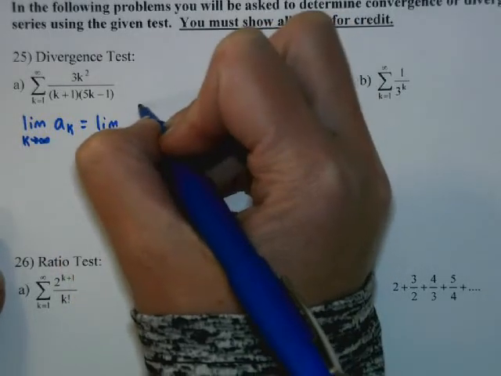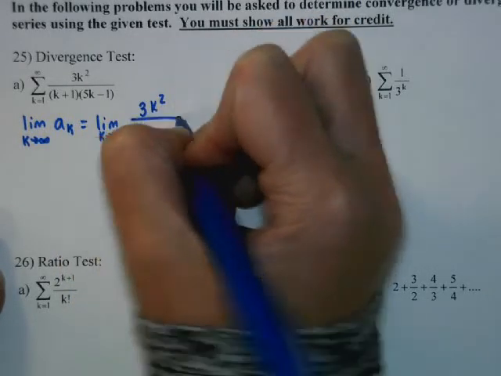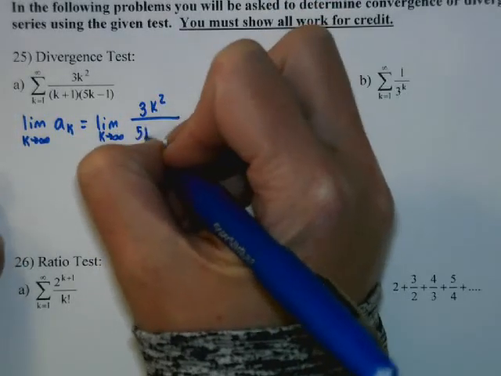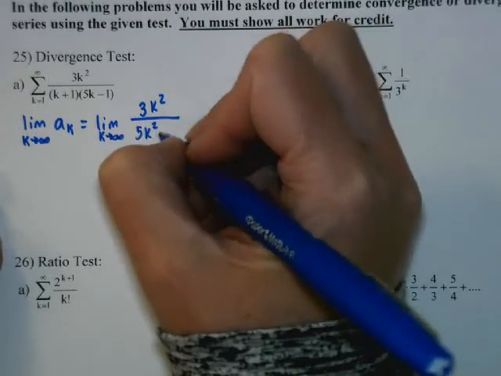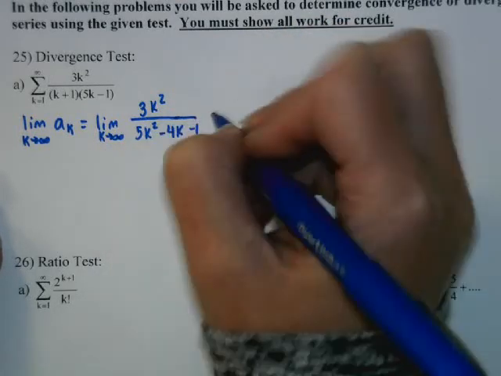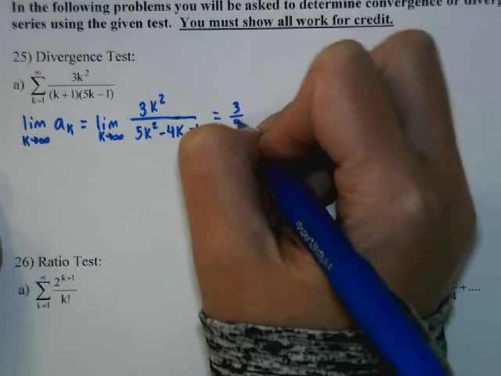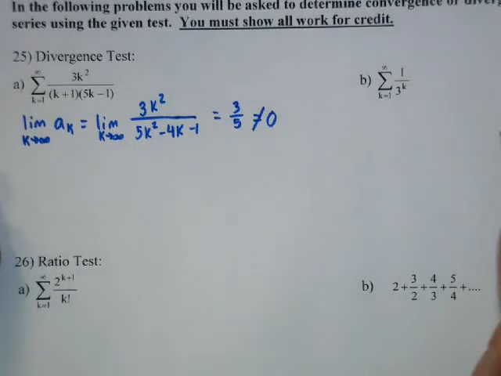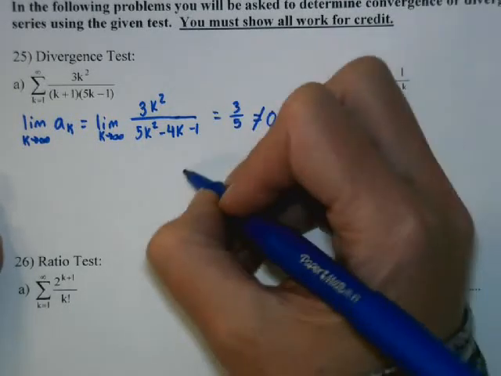We're going to have 3k squared over, if I FOIL out that denominator, 5k squared minus 4k minus 1. That limit is 3/5. Okay, divergence test says if it does not equal 0, then the series is divergent.